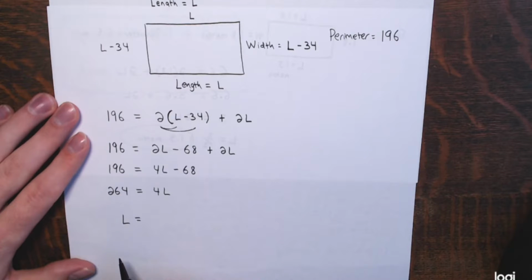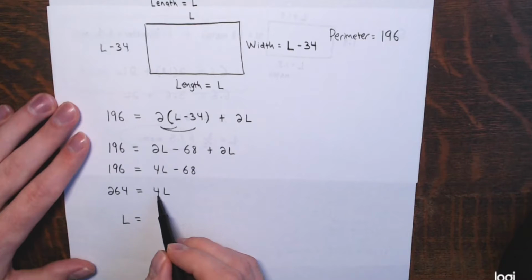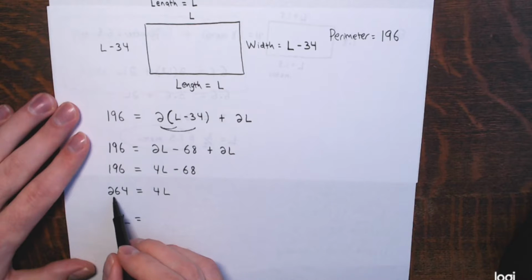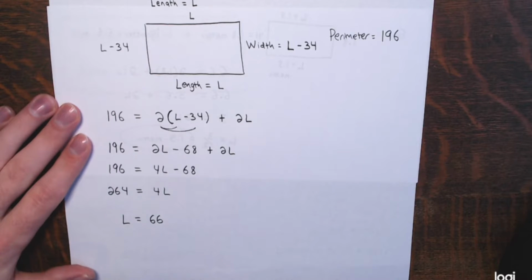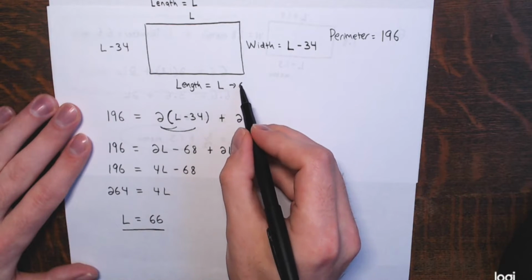No, 4 goes into 24 6 times with 24 left over. It would be 66. My bad. Right? 66 times 4 would be 240 plus 24, 264. So there's L.